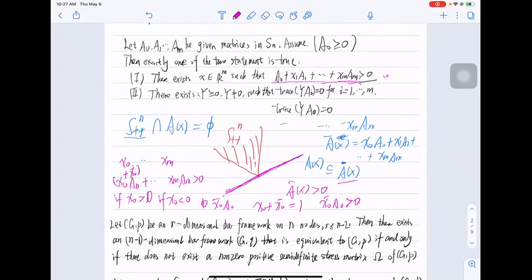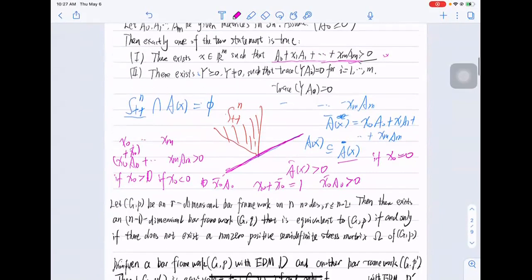And if x0 is 0, well, I have x1 A1 plus through xm Am being positive definite.